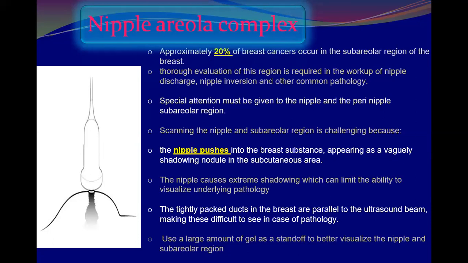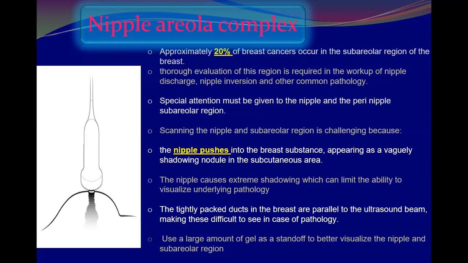Evaluation is really challenging because when you put the transducer, the nipple is pushed into the breast substance, and it can appear as a vague shadowing nodule, a pseudo lesion in the subcutaneous area.